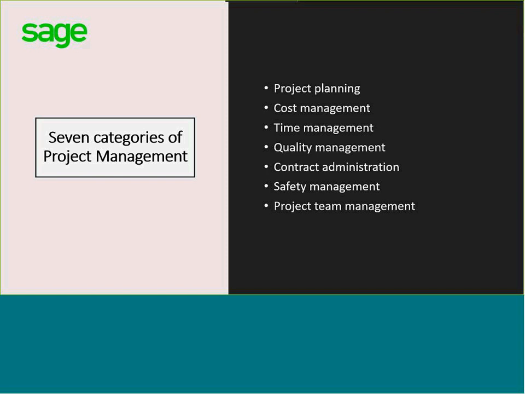Construction Management Association of America, CMAA, notes that project managers' responsibilities fall into these 7 categories you can see on the right. Project planning, cost management, time management, quality, contracts, safety, and team management. So it's actually pretty broad. A lot is involved in it.